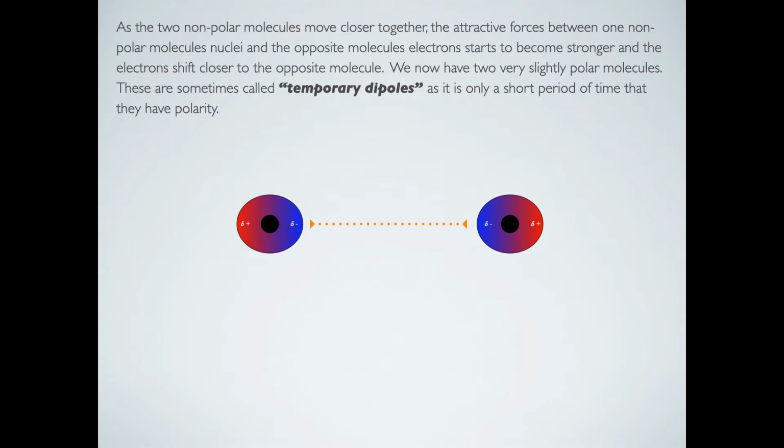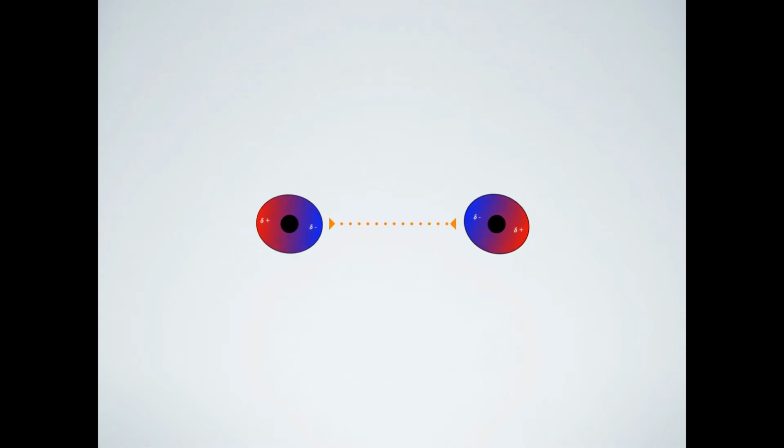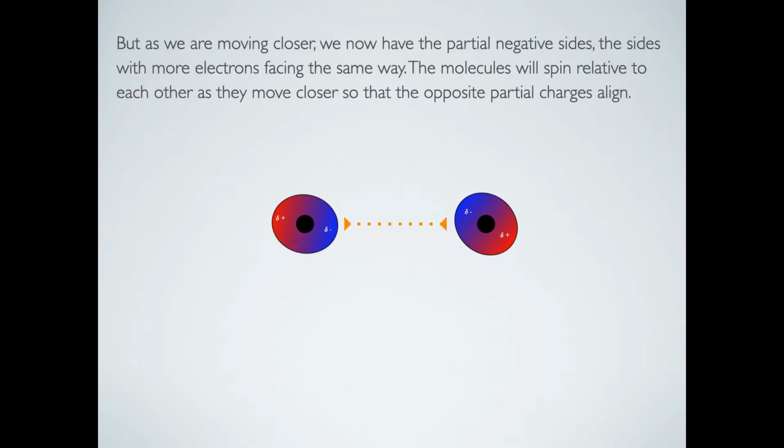We now have two very slightly polar molecules. Sometimes we call them temporary dipoles, okay? Only for a short period of time. But we've also got a repulsion here. The partial charges are also repelling. So when they move closer, look what happens. This attraction gets stronger, but it's still very weak in comparison with all the others. But because of that negative to negative repulsion, they start to spin.